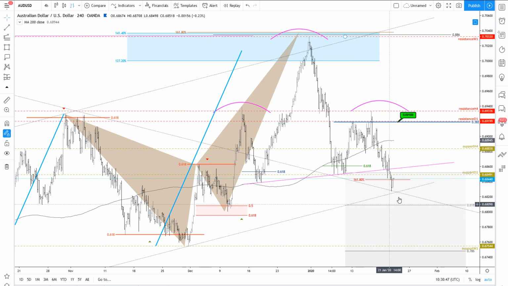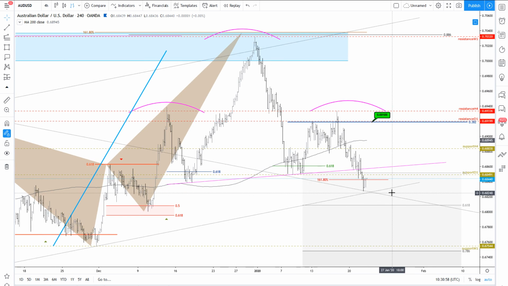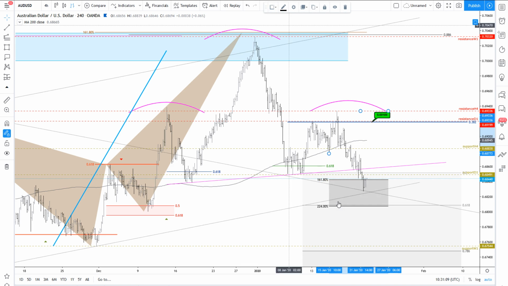Which puts the question of what may happen for the Dixie, which may have some impact on the Australian dollar versus the dollar. So let's wait and see what will happen. As we can see, we are also facing the golden Fibonacci extension, the 168 extension.